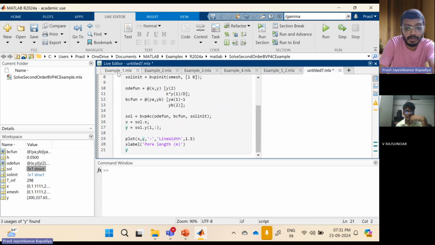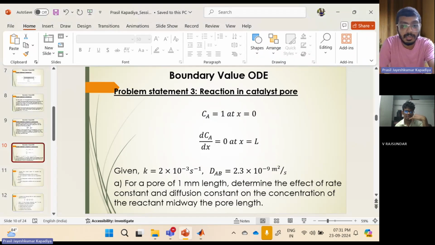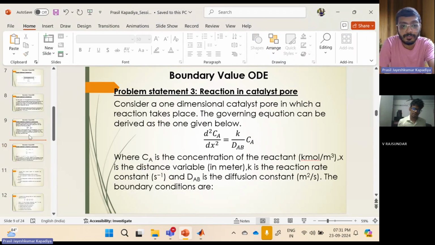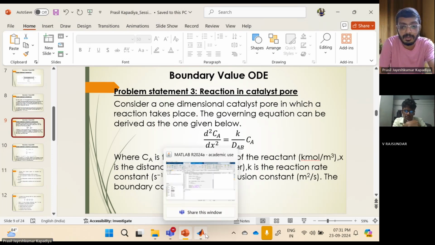We have forgotten one thing to define, that I will show you. And my y label is concentration. And what is the unit of concentration given in the question? The concentration is in units of kilomoles per meter cube.